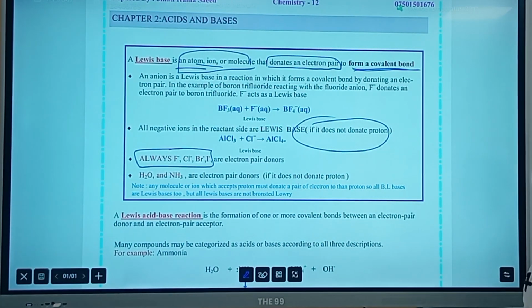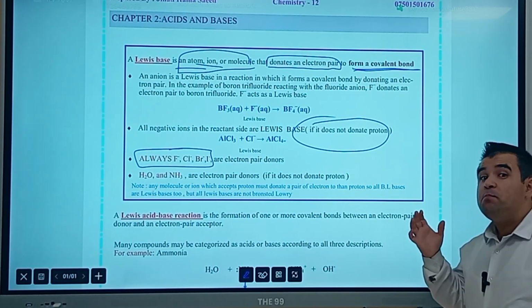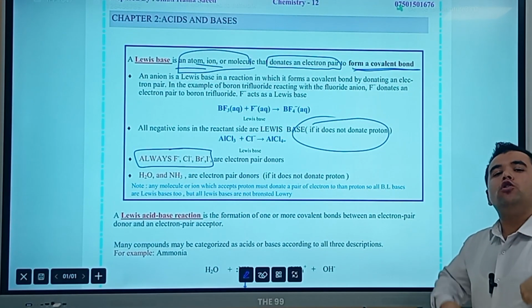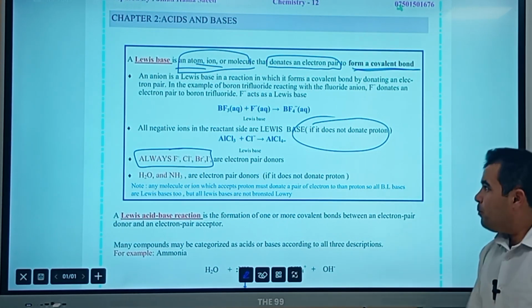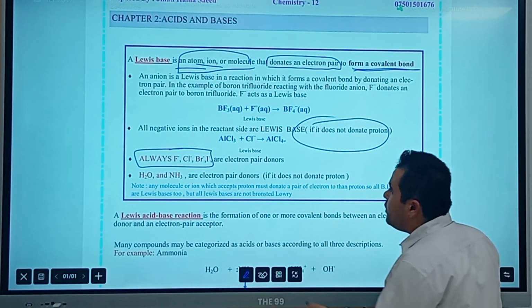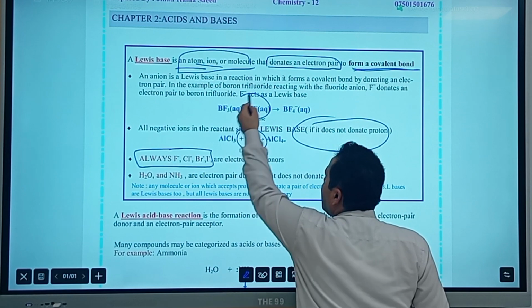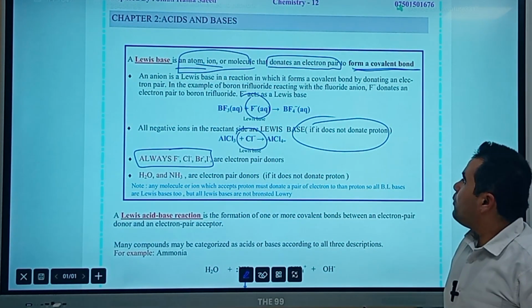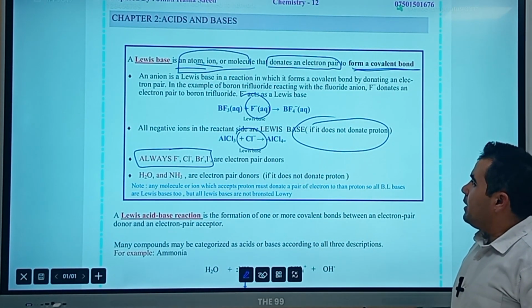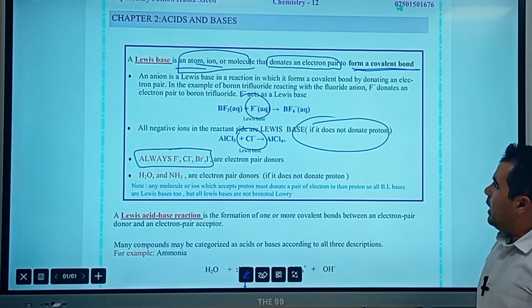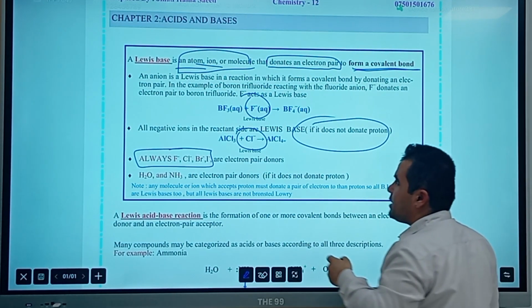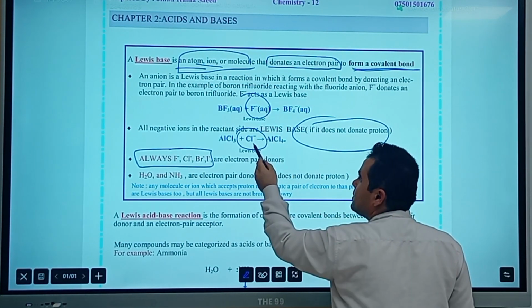So all negative ions are classified as Lewis bases, except those that donate protons. For example, Cl negative and F negative have no protons, so they can be classified as Lewis bases.